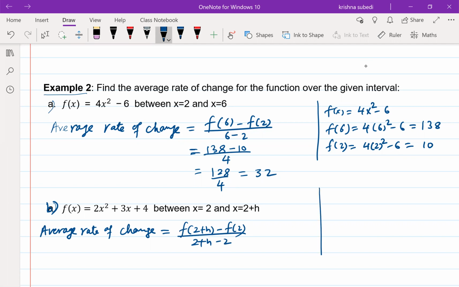Now let us calculate what those values are. I just want to copy the function first. F of x is 2x squared plus 3x plus 4.